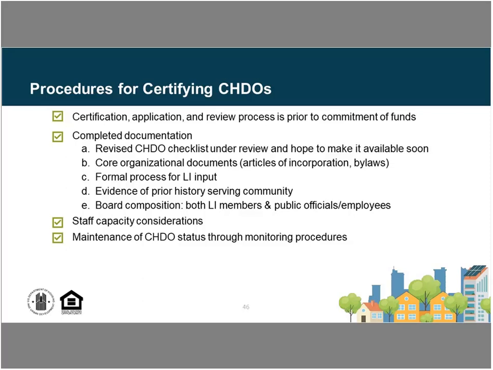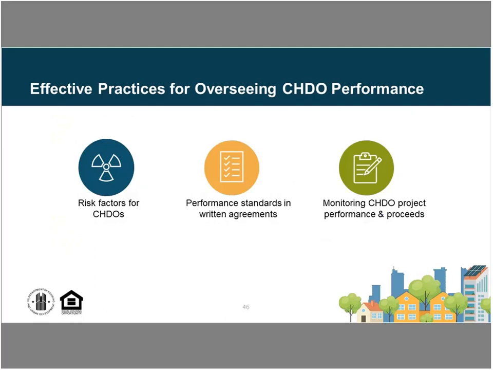And that may include things like what reporting you're going to require to be provided by that CHDO on an ongoing basis. Are you going to require that financial reports are going to be provided to you, and what's your process on then looking at those, evaluating those? And that might include things like your CHDO proceeds.